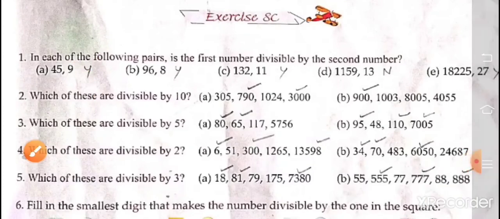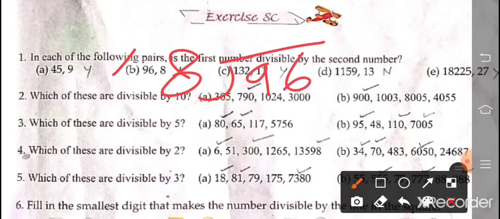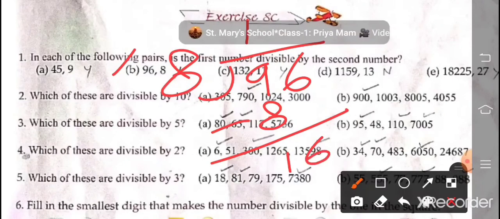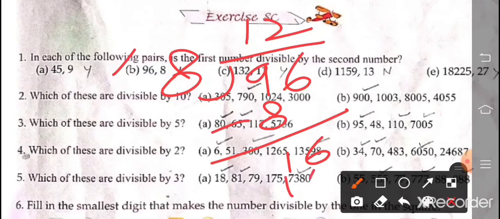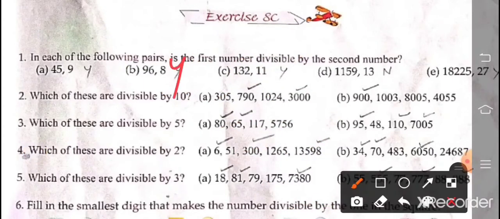Now B part, 96 and 8. So check, 8 ones are 8, then 8 twos are 16. So here the remainder is 0. So this is divisible by 8. So write yes here.